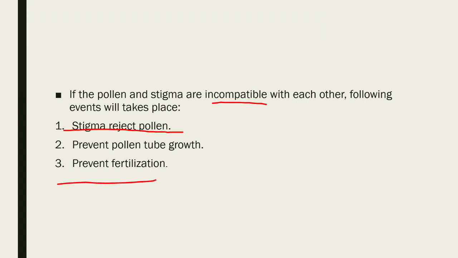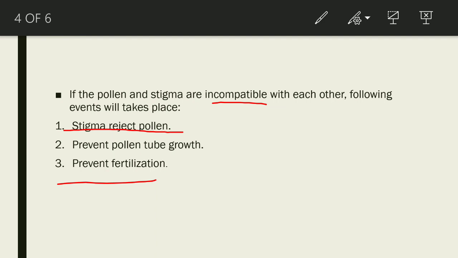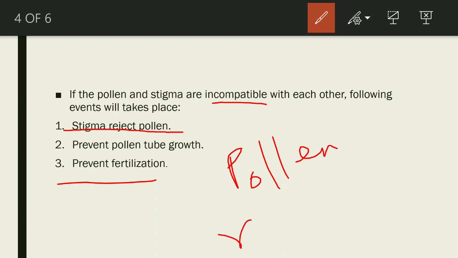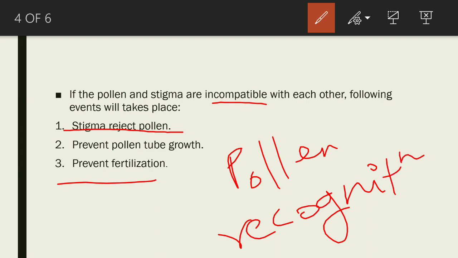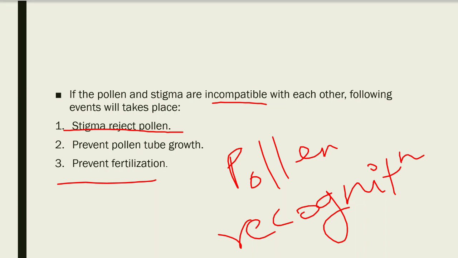So the pollen-pistil interaction can be defined as the dynamic process of pollen recognition, which is followed by rejection or promotion of pollen.